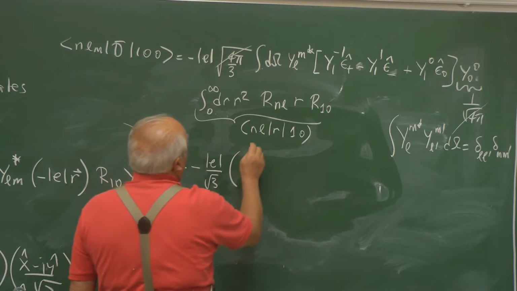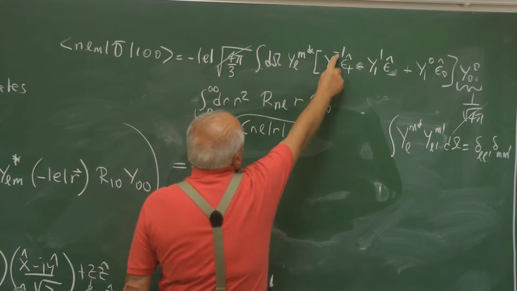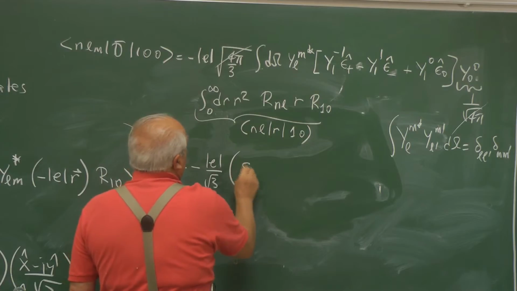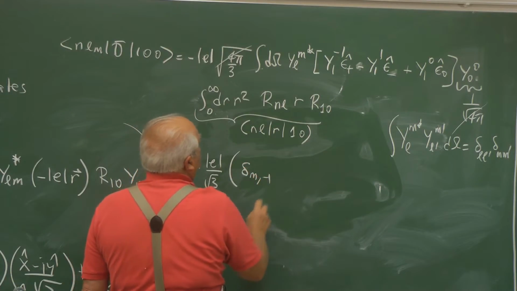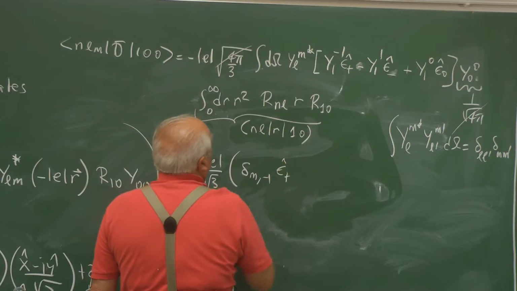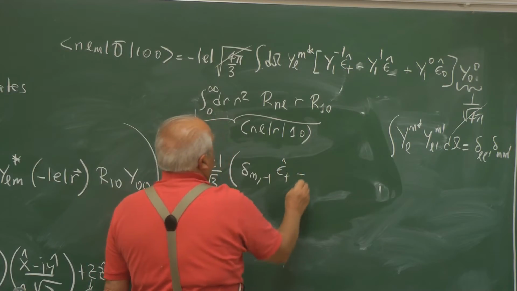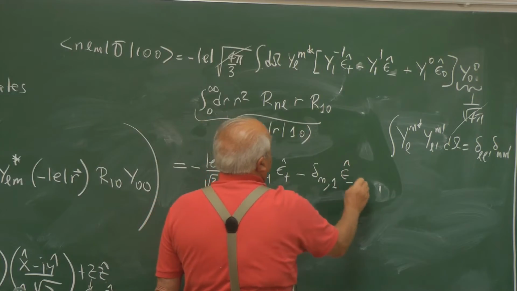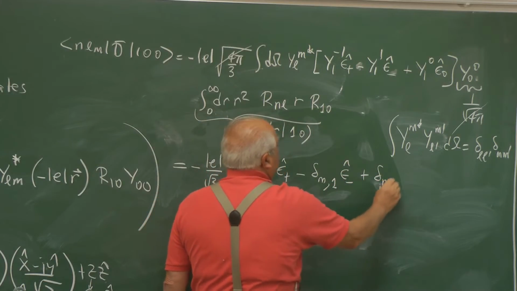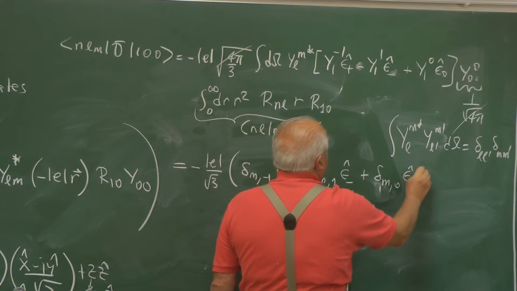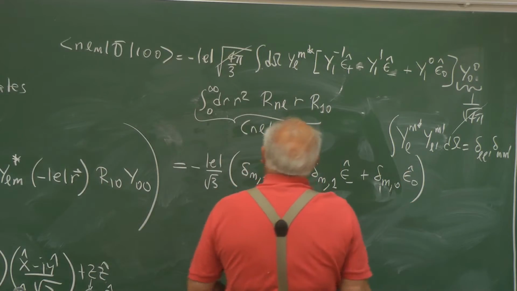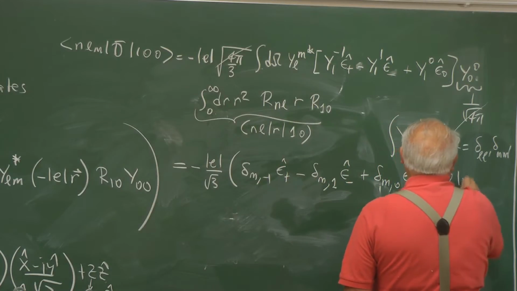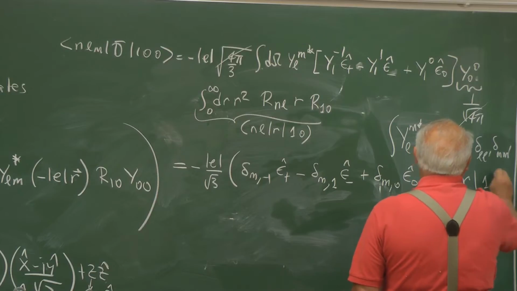Then here m, since this is fixed, perhaps it's delta m minus 1 epsilon plus, minus delta m 1 epsilon minus, plus delta m 0 epsilon 0, times this thing, R n l 1 0.